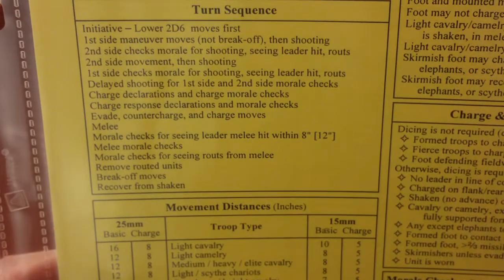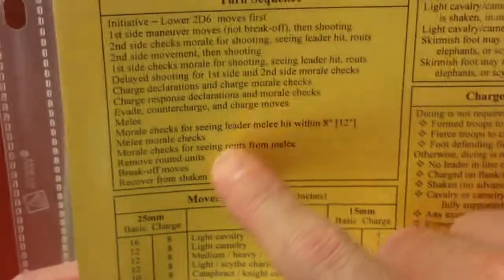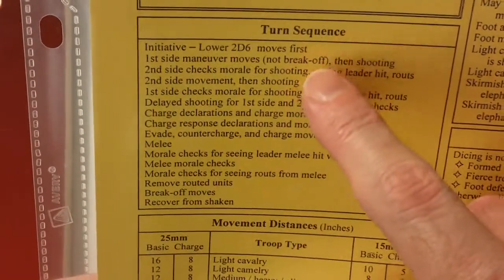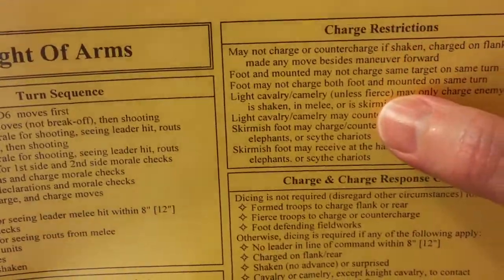So, just to give an initial taste of this rule set, we've got a turn sequence made up of a little more than a dozen steps. We have a charge restriction section, charge and charge response checks.